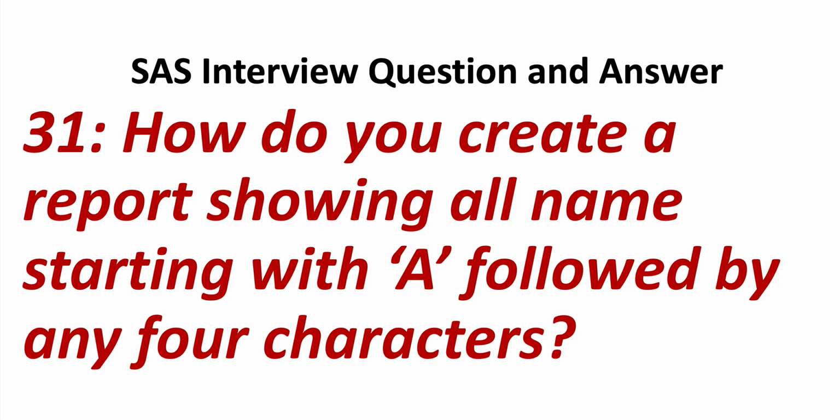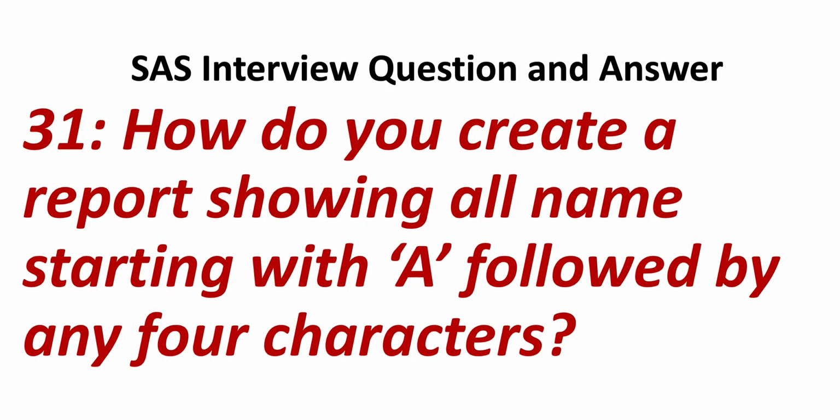Question number 31. How do you create a report showing all names starting with uppercase A followed by any 4 characters? This question is asking how to collect a name list starting with uppercase A followed by any 4 characters.